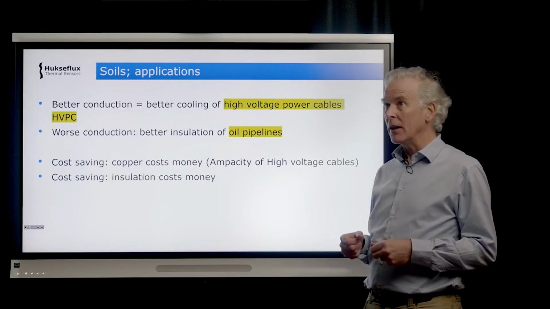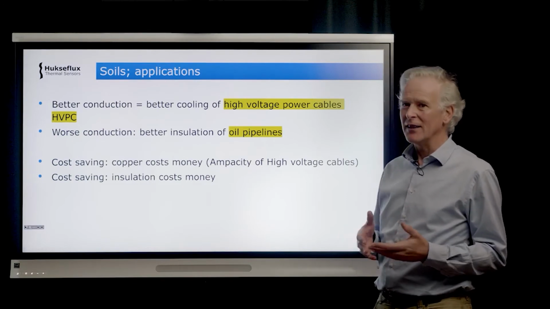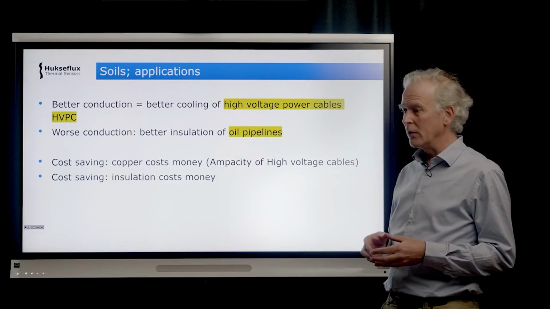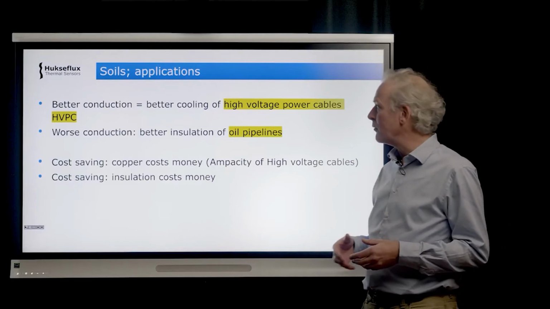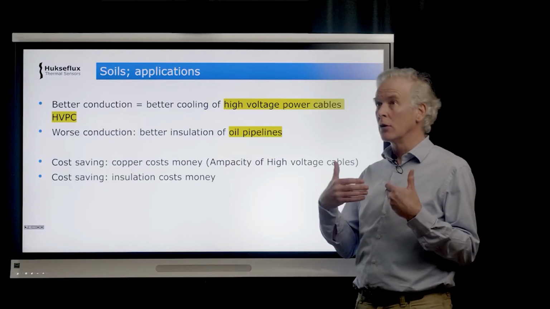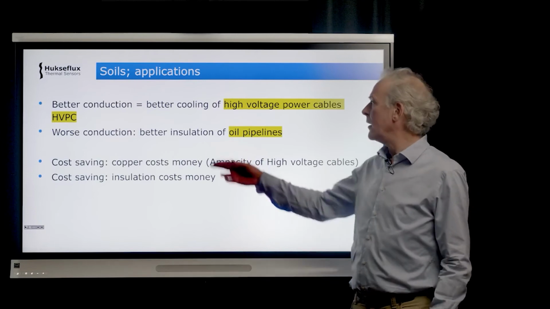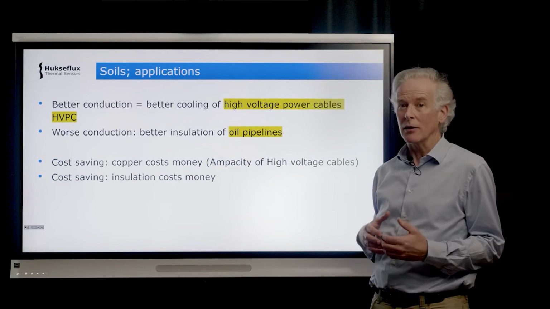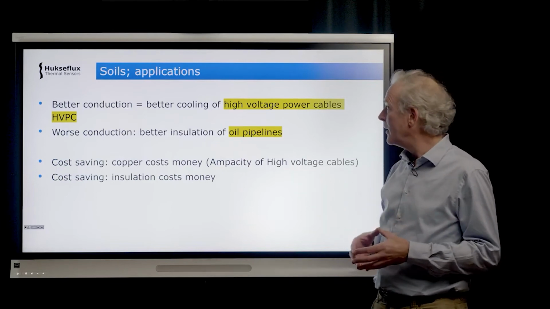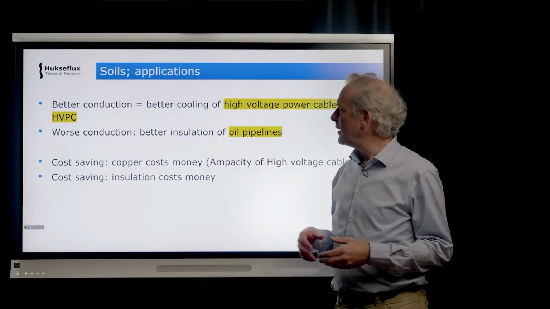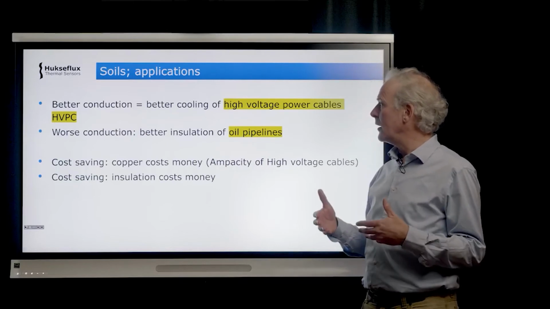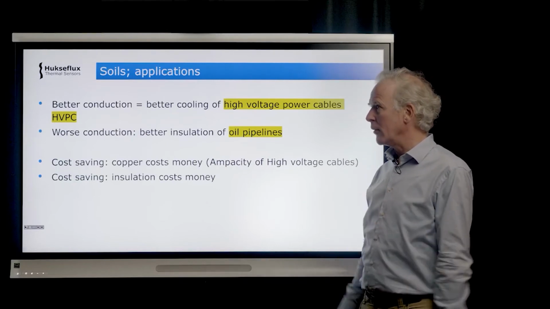If they get over 80 degrees C, they start to degrade, so you always want them to remain below that, and for that, at a certain current, the better the soil conducts, the better the heat generated by the current is fed away. So the purpose there is to measure the properties of the soil and to calculate the cooling.